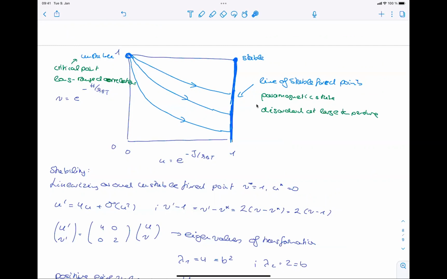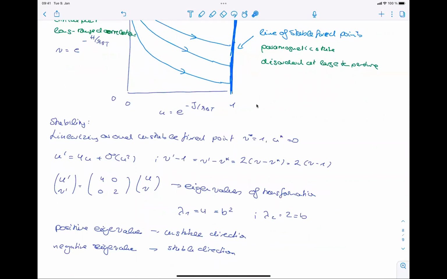And this allows us to determine the fixed points, the quality of the fixed points, and the dynamics in this phase space, which then allows us to also make statements, as will follow, about the behavior at criticality.